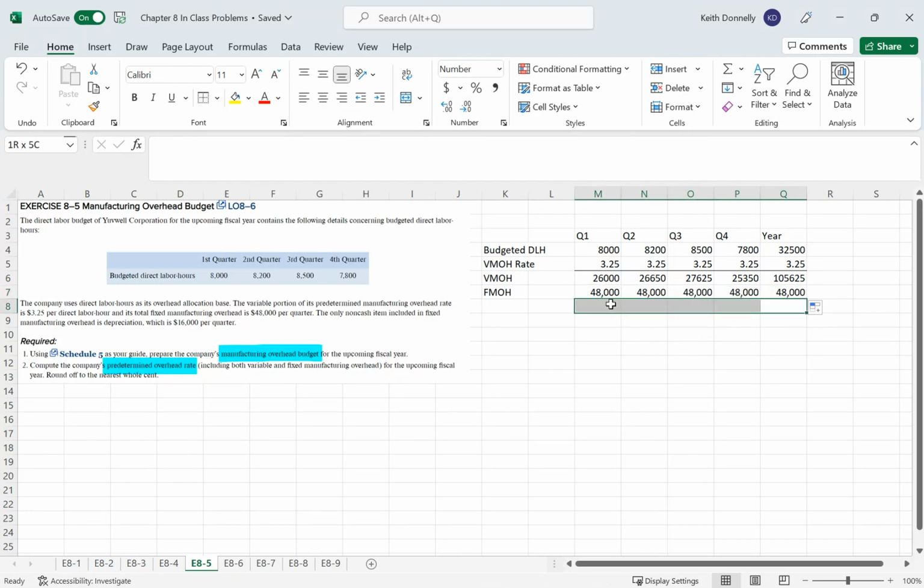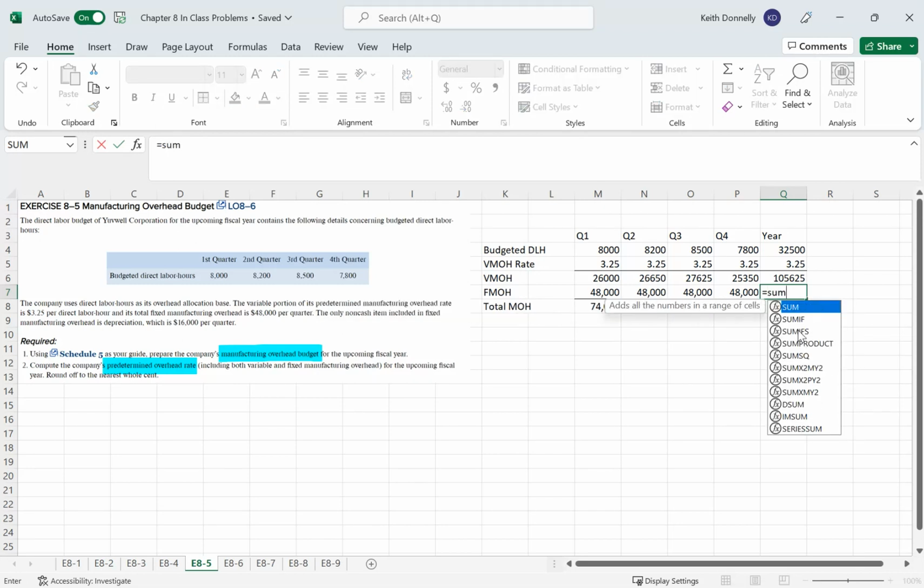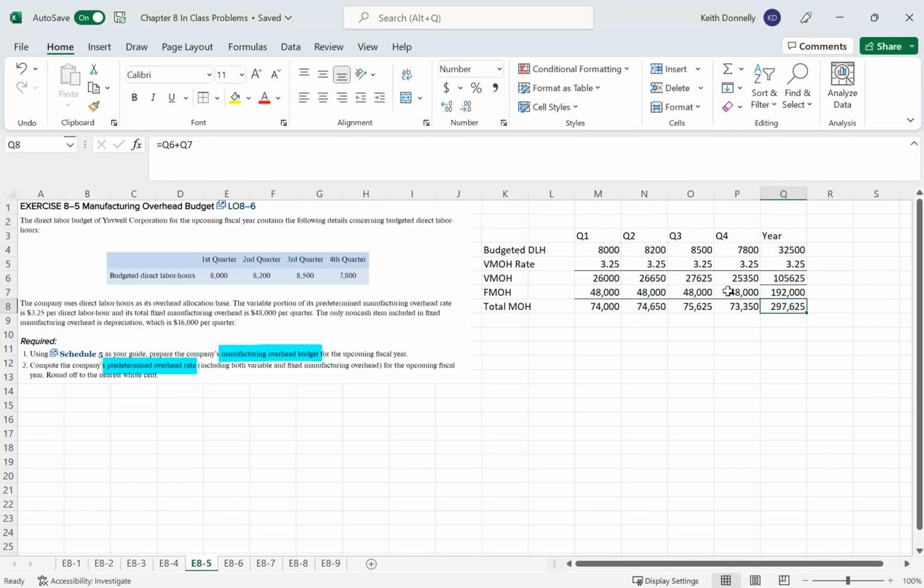Add those two together, our variable plus our fixed, and we're going to have our total manufacturing overhead. 74, just carry that across there. Now, one of the things, and I have to change this right here. Oops, this is going to be the sum of these guys. And let me get rid of that formatting.